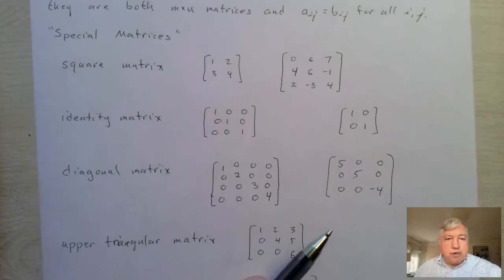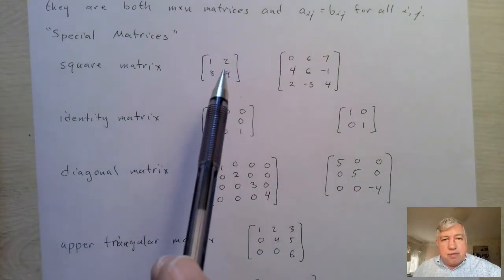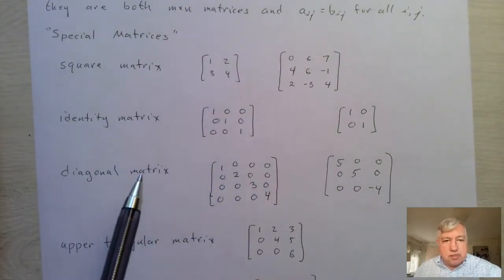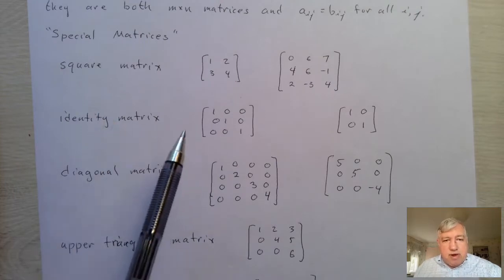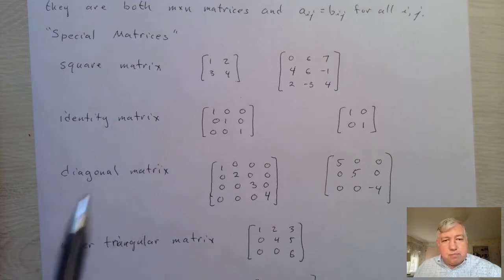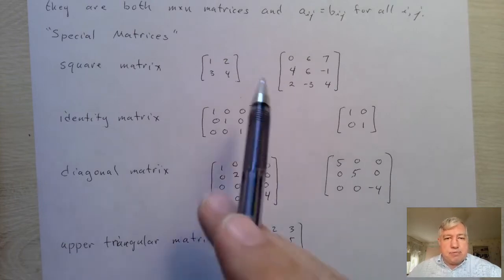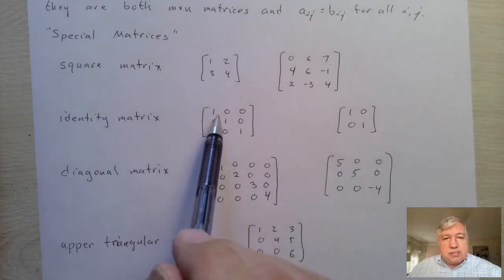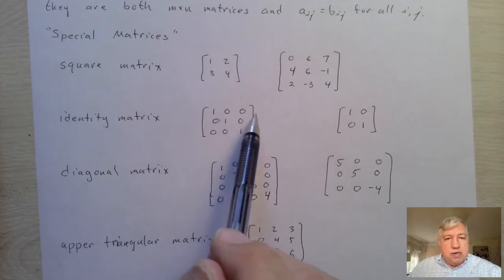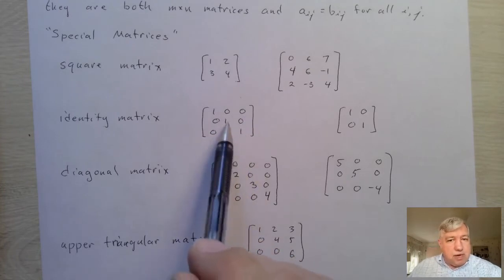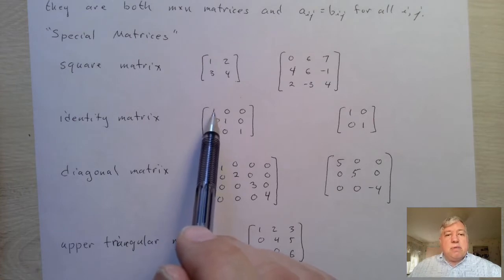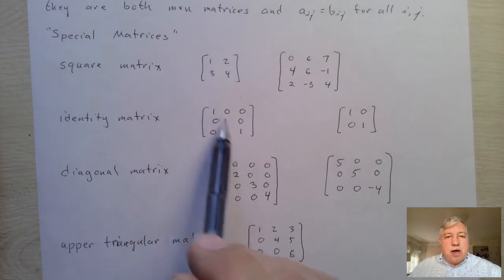A square matrix is exactly what it is. It's a square where the number of rows equals the number of columns. For every square matrix, we have an identity matrix of that size, and that consists of ones on the diagonal and zeros everywhere else. Of course, by diagonal we mean the ij entries where i equals j.